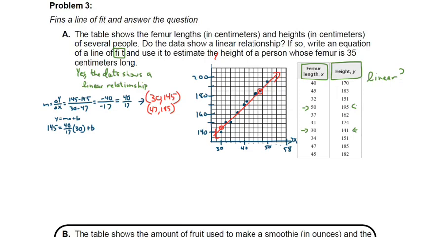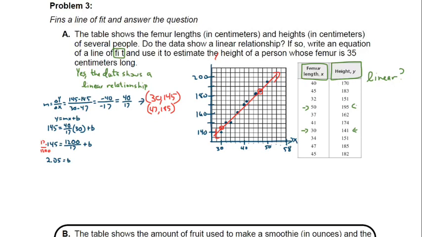So 40 times 30 is 1,200. Then I need to multiply by 17 and divide by 1,200. 145 times 17 divided by 1,200 is, I wonder if I can turn that into a fraction. It's a really crazy fraction, so we're just going to go 2.05 equals b.